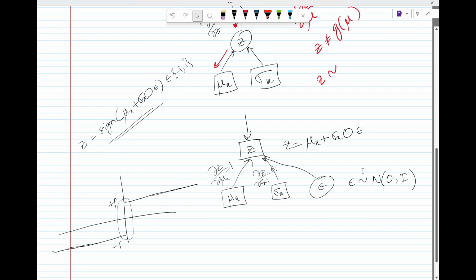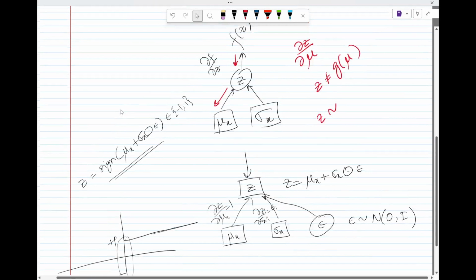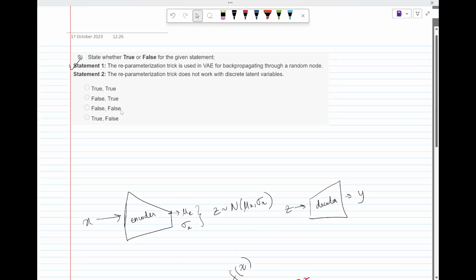So this reparameterization is not really helping in backpropagating through a discrete latent variable. So it does not work. So that is also true. So both the statements are true.